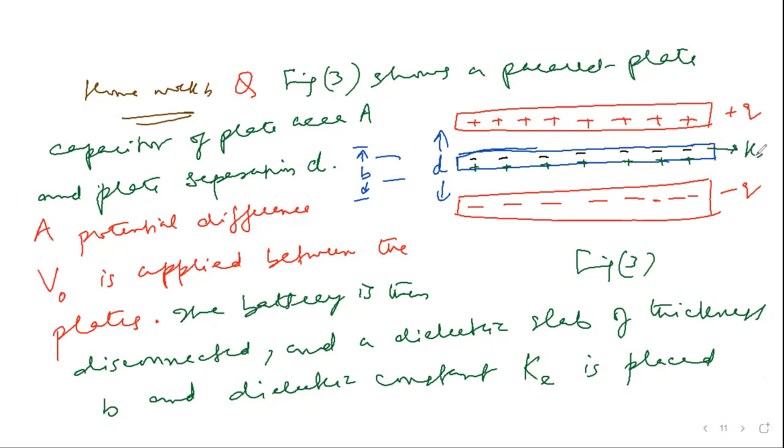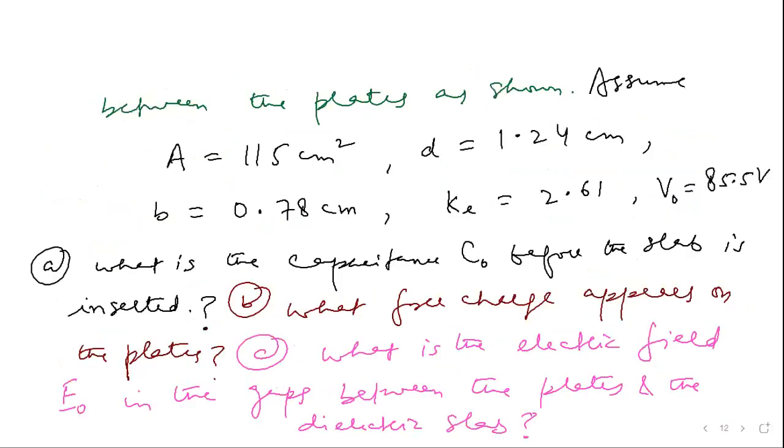Its dielectric constant is Ke, right? Assume A equal to 115 centimeter square, D equal to 1.24 centimeter, B equal to 0.78 centimeter, kappa equal to 2.61, V naught equal to 85.5 volt.